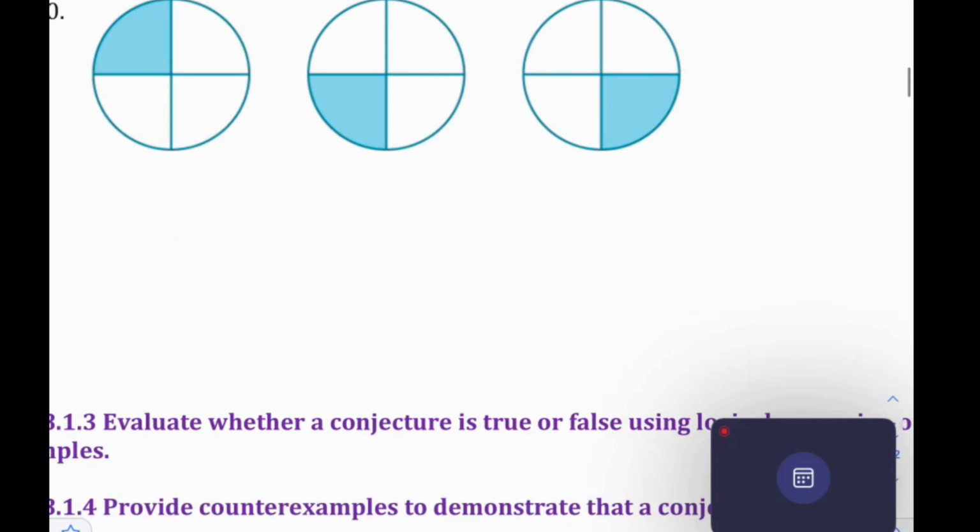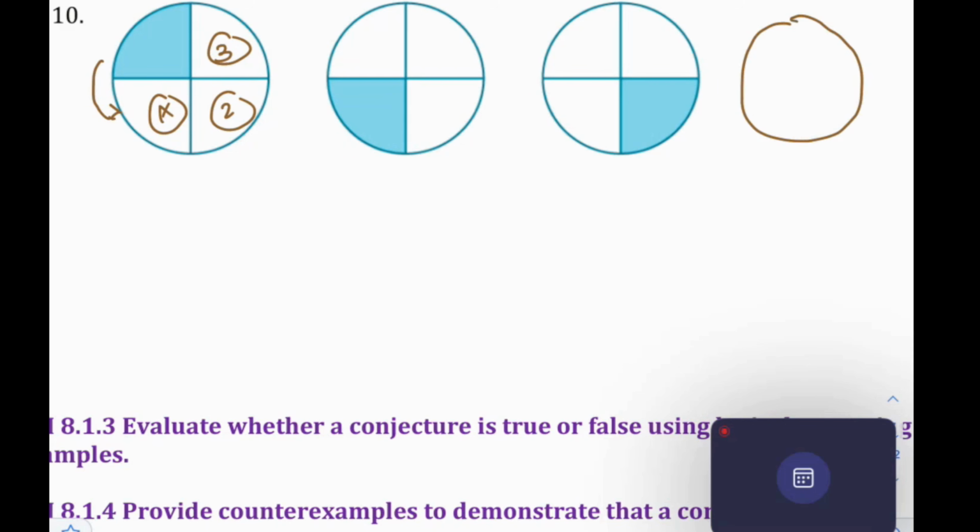And this is a visual pattern, as you see. Here, this section is moving one section counterclockwise from its location in the previous circle. So it was here, it becomes here, then next time it will be here. This is the first term, this is the second term. So I expect that the next term will be here. And this will be a circle, and the shaded part will be this part.